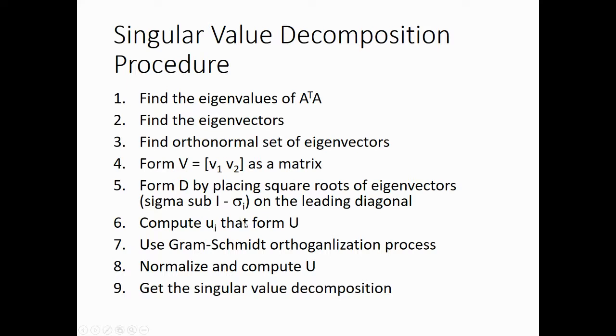We compute the u sub i that form U, then use the Gram-Schmidt orthogonalization process, normalize and compute U, and then get the singular value decomposition. Fortunately, there's software to do precisely this, so we don't have to write this from scratch. And in fact, I don't think Cheney and Kincaid have pseudocode in this particular chapter, because it's just best left to the specialized mathematical software like Mathematica and Maple.